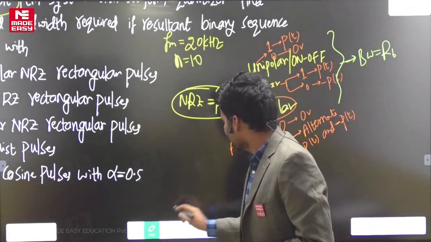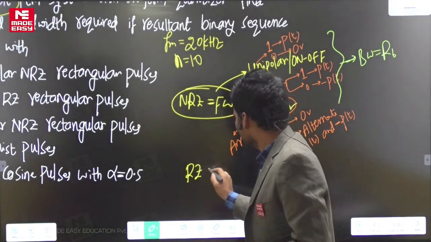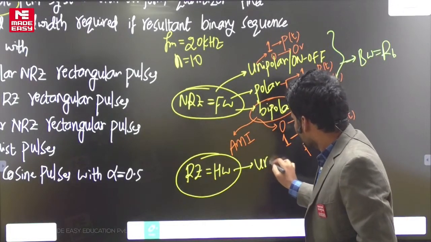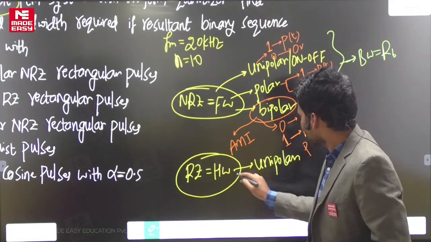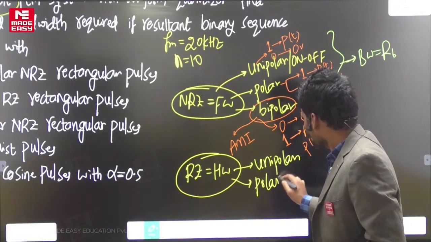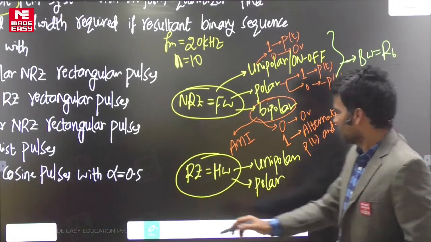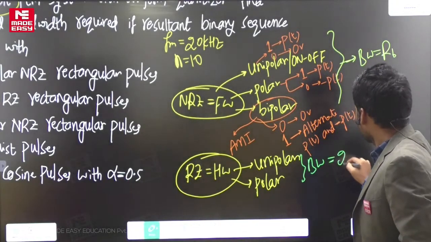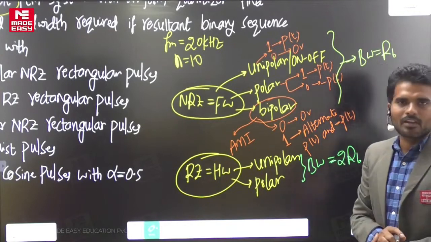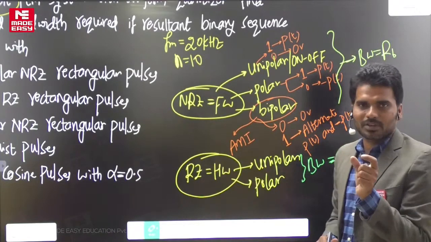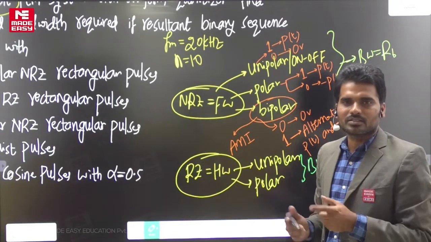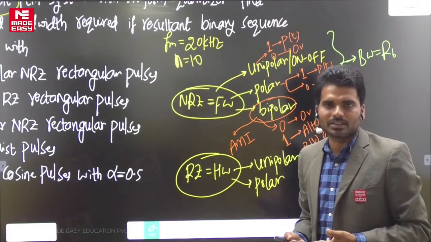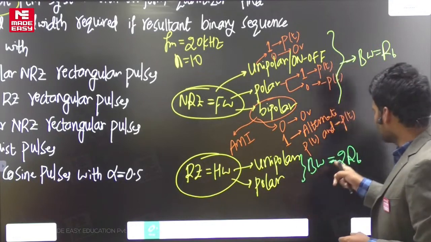And if you take RZ, return to zero or half width pulses, with unipolar or polar coding, binary 1 is represented by a half width pulse of duration TB by 2, and binary 0 is also represented by a half width pulse. Then the bandwidth will be 2 RB.